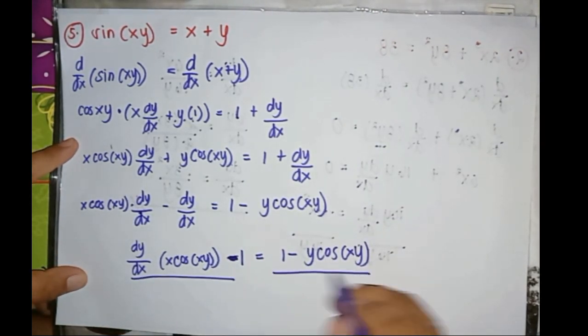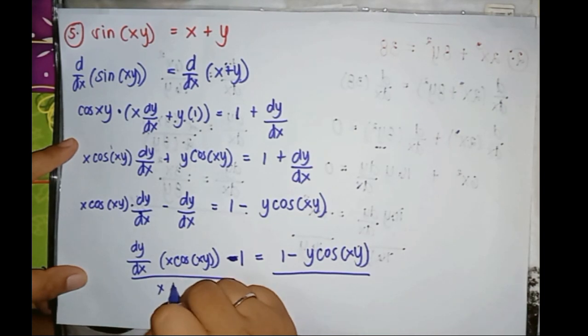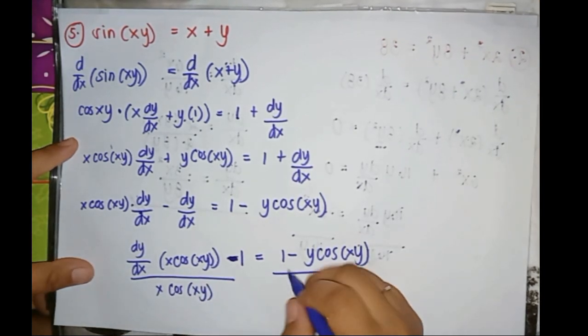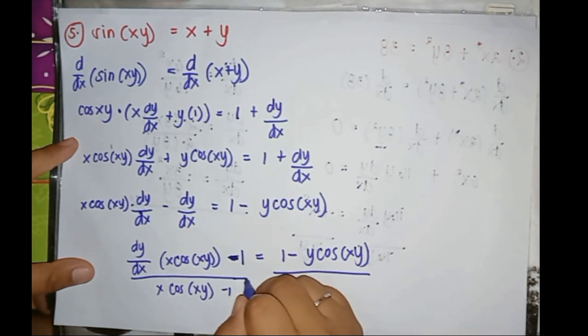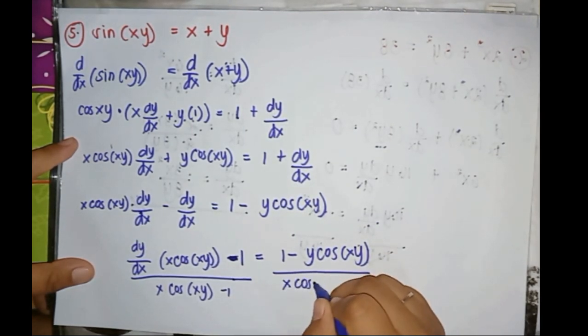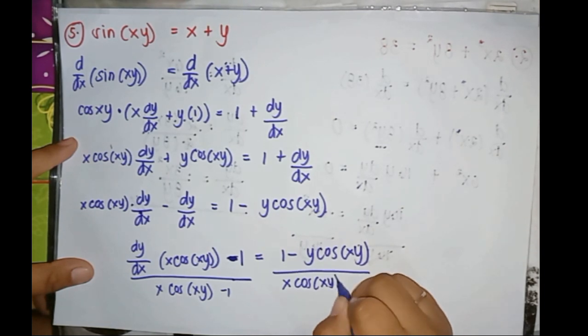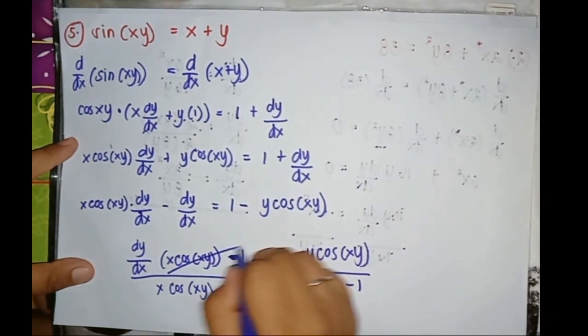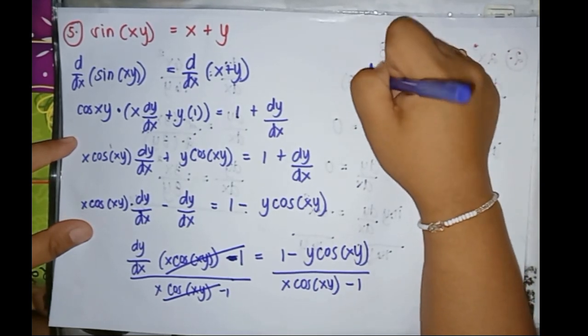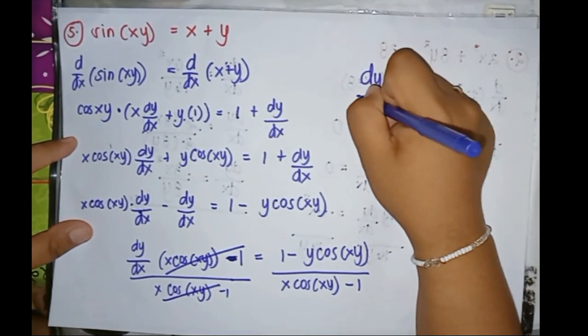So in order to simplify, let us divide both sides by x cosine of xy minus 1. So in this part, we can cancel x cosine of xy minus 1 on the other side.